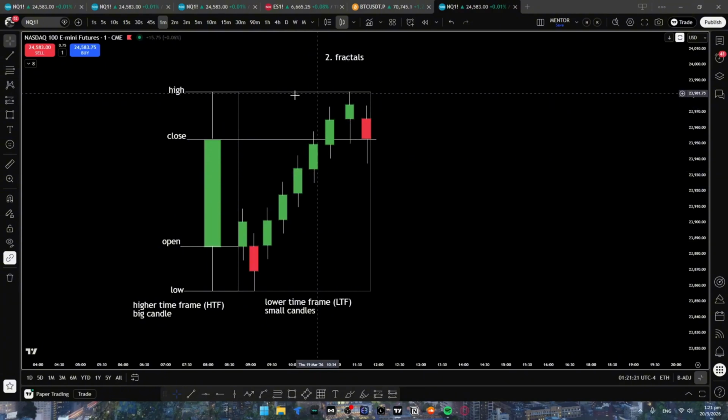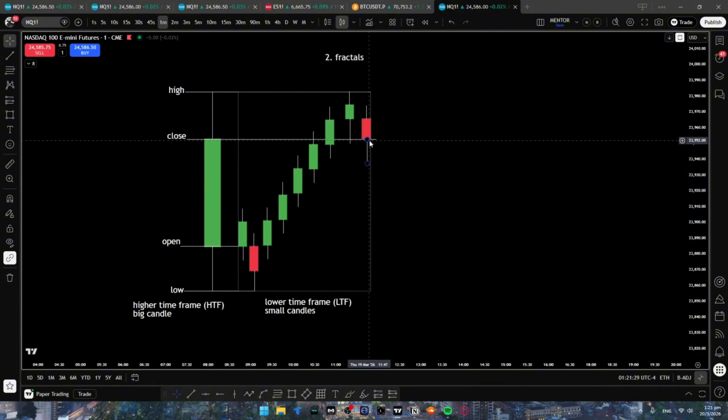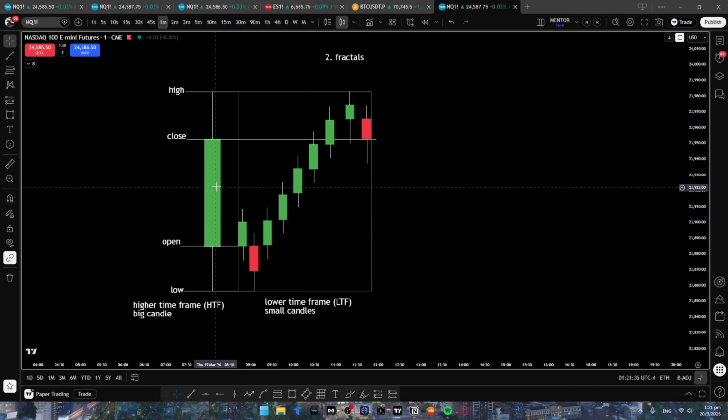This whole thing was green at this point, and then it closes bearish because it closed here. And then the time limit ended. That's the end of this candle. This is how the candle printed essentially. So this one big candle is made out of small candles in the lower time frame.